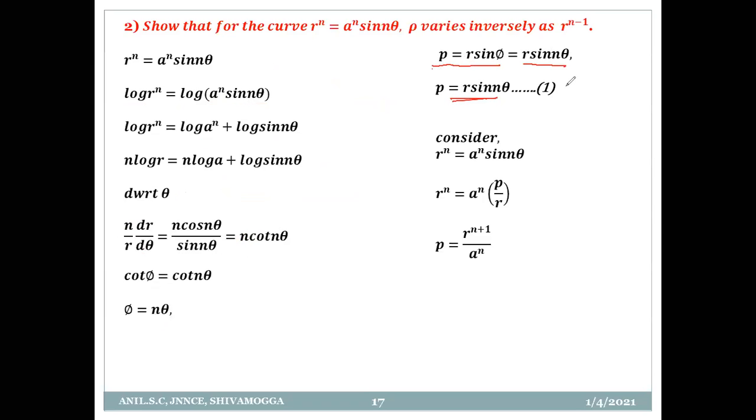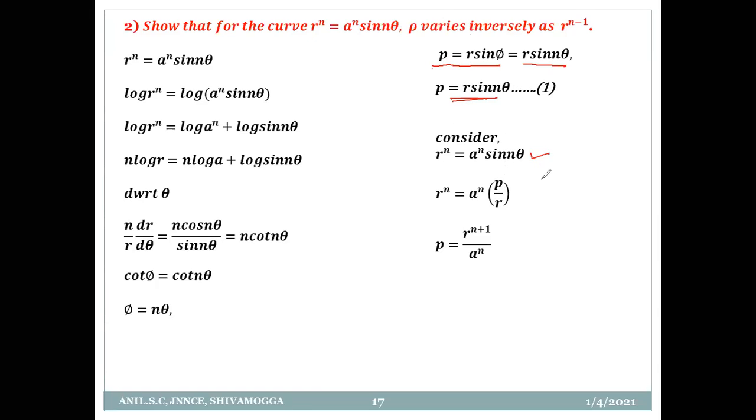Let this be equation number 1. You can substitute this equation in the other equation. Consider r power n is equal to a power n sine n theta. From equation number 1, sine n theta is equal to p by r. Substitute sine n theta is equal to p by r and the rest the same.